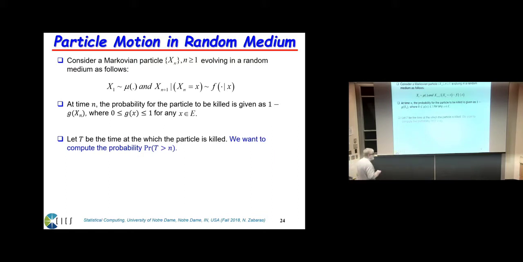So up to time n, according to this definition of the problem, has the particle been killed or not? No, because this probability says, find me the probability that capital T is greater than n. So up to time n, the particle has survived. You can say this is equivalent to a particle basically surviving up to time n. So let's compute that.